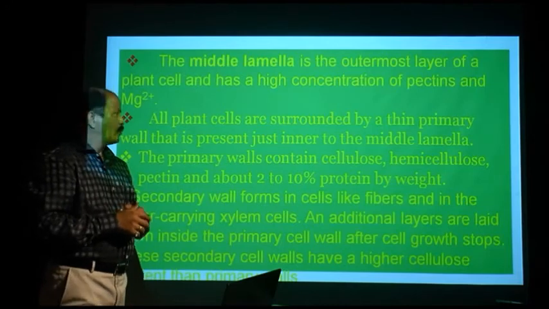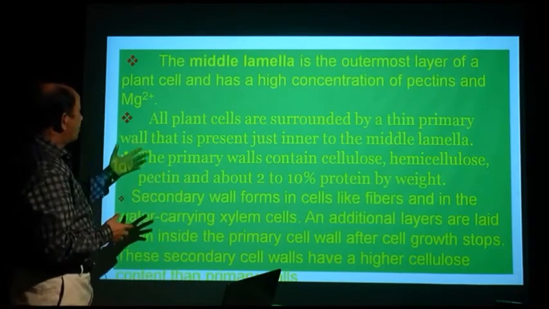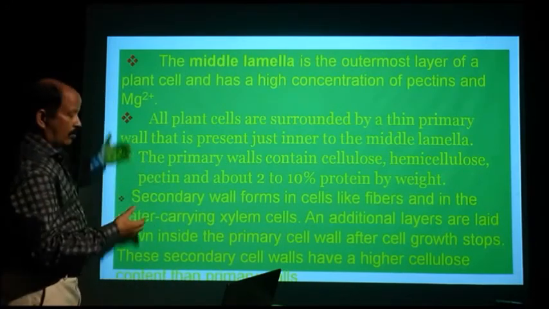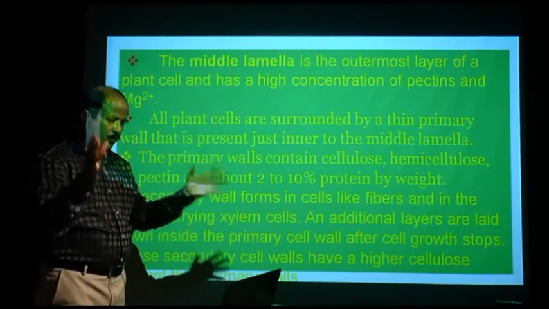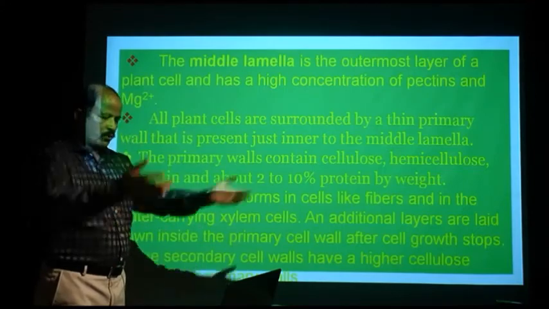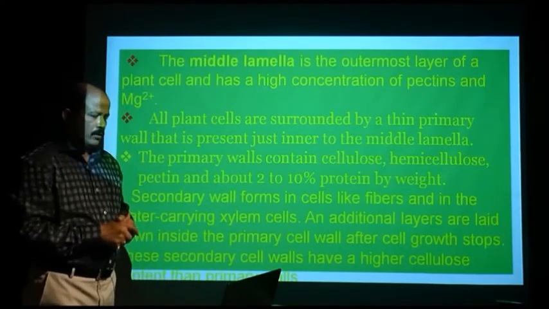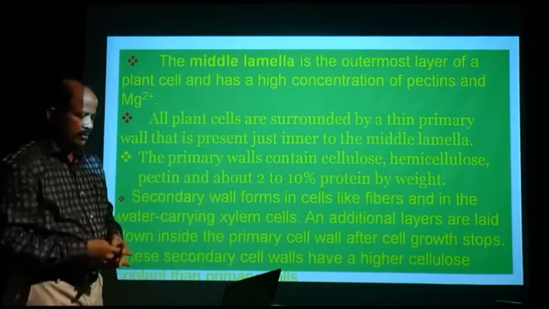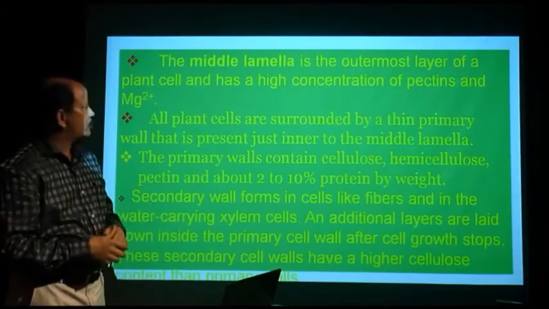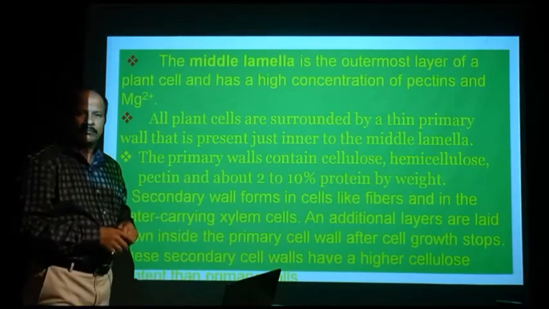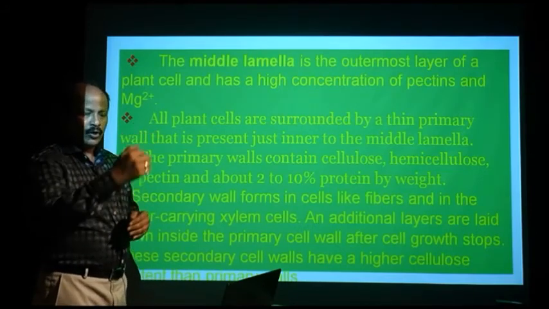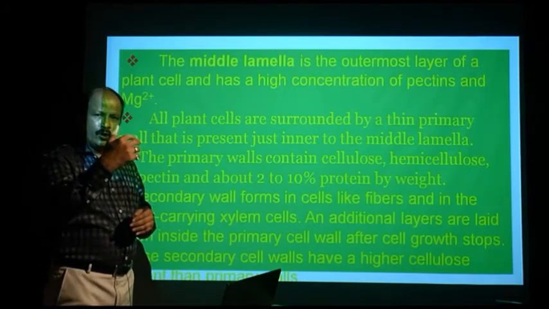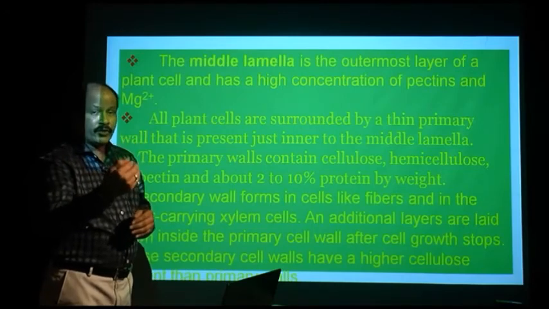So all plants, when we study the plant cells, have a wall present outer to the plasma membrane. When studied from different cells, the cell wall consists of different layers. Let it be like this: middle lamella, inner to that the primary wall, inner to that, wherever present, the secondary wall.